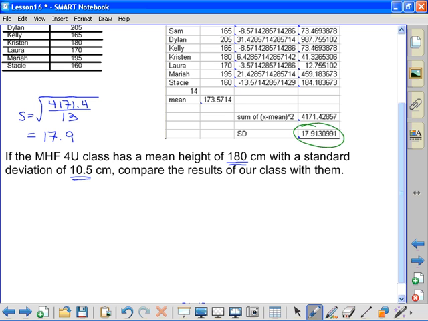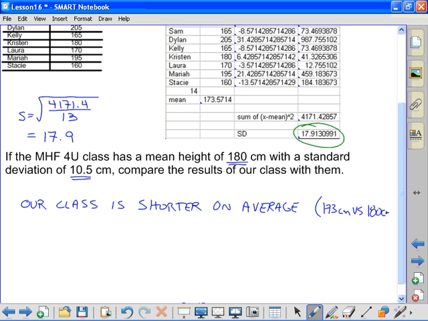Well, first of all, our class is shorter on average, because our median was 173 centimeters versus the 180.